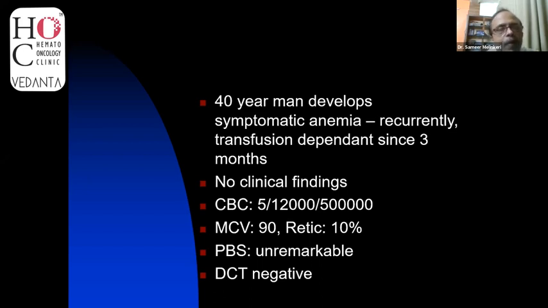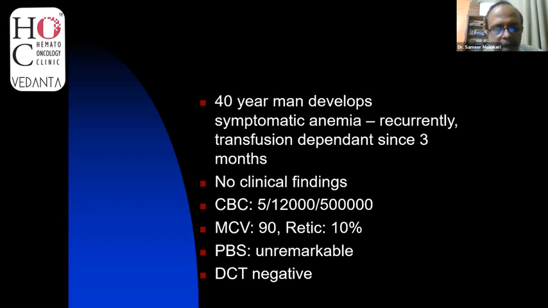I'm sure Dr. Mamun would have discussed in the approach to anemia that the easiest way to classify anemias is based on the MCV. When you see microcytic, you're probably dealing with iron deficiency or lead poisoning. If you're looking at macrocytic anemias, you're probably dealing with megaloblastic anemias and certain other causes.